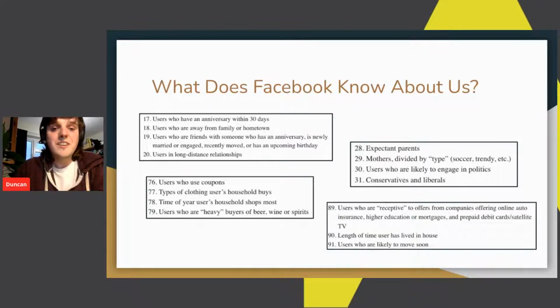So why is this sort of information collected? First of all, it's meant to be used for tailored advertising. So, everyone's seen them. Products recommended for you based off your interests. It's a very common sight.